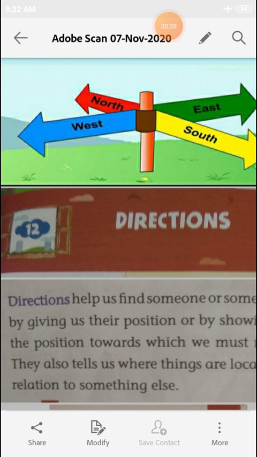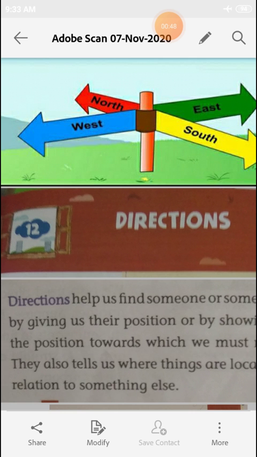Okay student, in this chapter, we will learn about direction and directional words like left, right, in front of, behind, and also we learn about a compass. What is a compass?